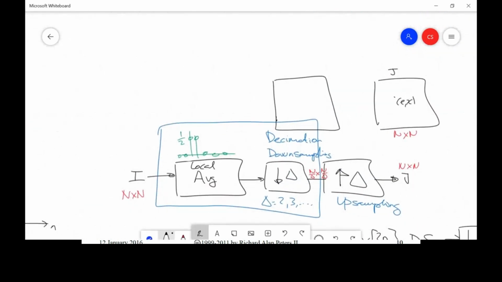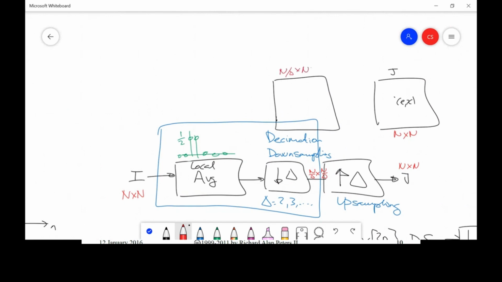So here the size is n divided by delta times n divided by delta. So that's annotating the pixel size. The pixel size here is Ts. Here it is delta Ts. And then R and C are here.